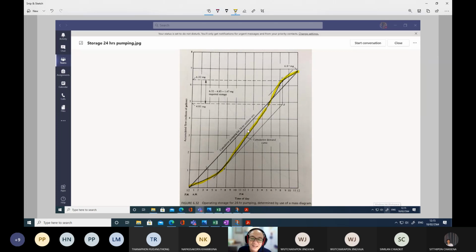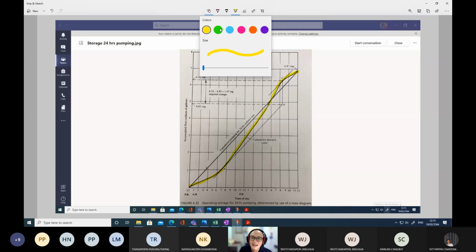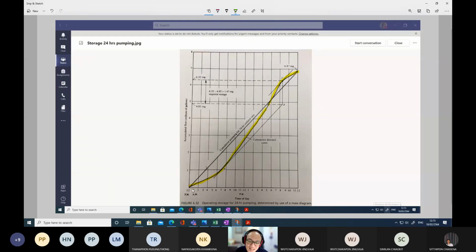And for the cumulative pumping rate, as the pumping rate is constant from time to time, you're supposed to get a straight line like this. This is the cumulative pumping rate over 24 hours.